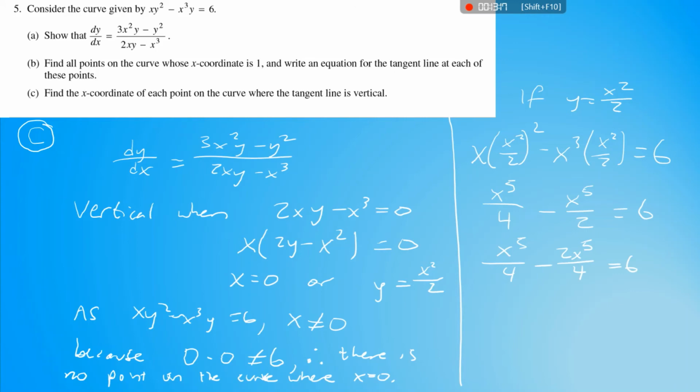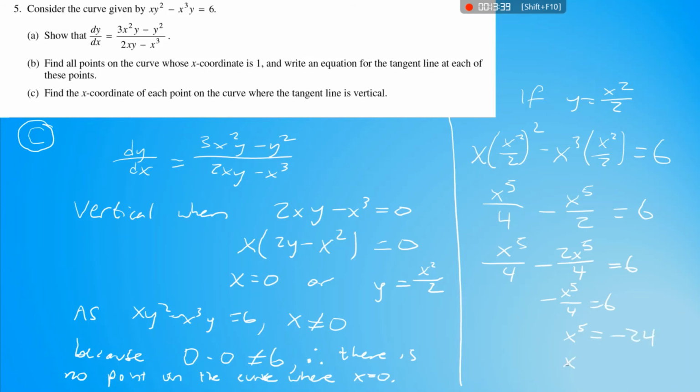So minus x to the fifth power over 4. Okay. So x to the fifth power is equal to 24 minus 24.